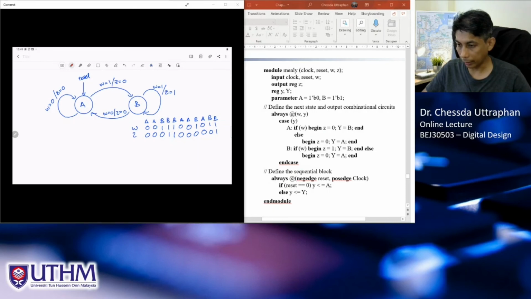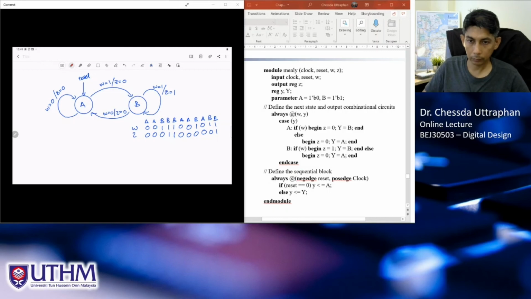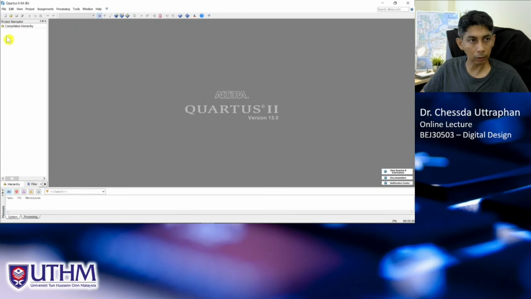So I have here the Verilog code. I just share with you. I need to invoke the quarters. Okay, so this is quarters.